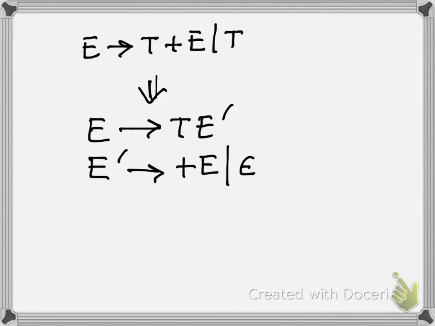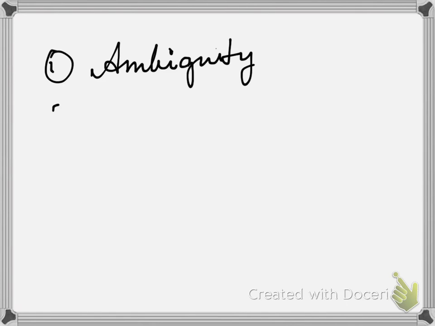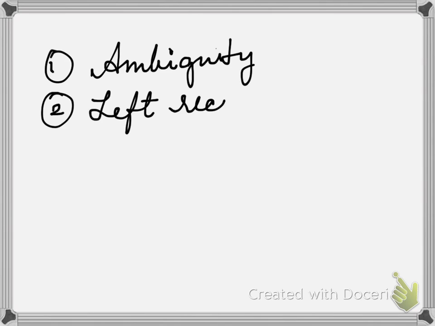Now, in the last few videos, we had seen three things. We had seen grammars with ambiguity, then we had seen grammars with left recursion, and we had seen grammars which required left factoring.